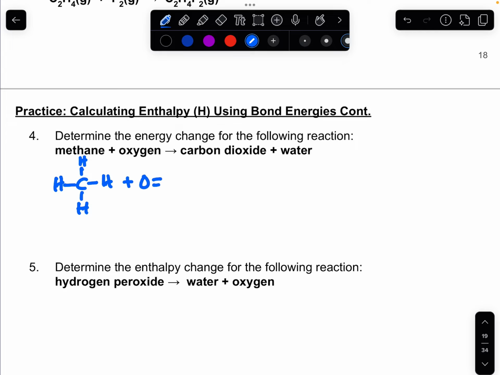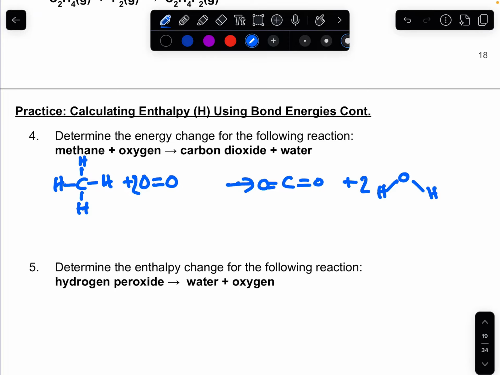Just go watch that if you need help. So this gives CO2, which is this, plus H2O. We need to balance. There is one carbon and 4 hydrogens, so I'm going to write 2 for water. Then there are 2 plus 2, 4 oxygens, so this will be 2 for oxygen.